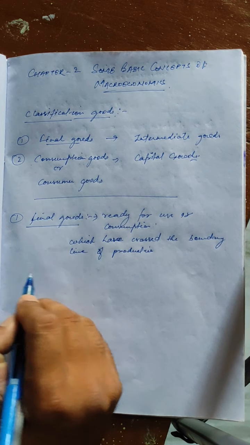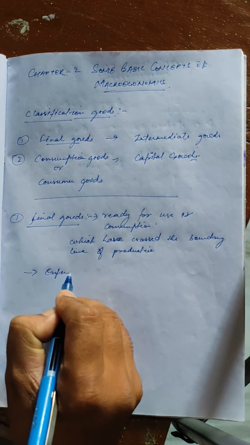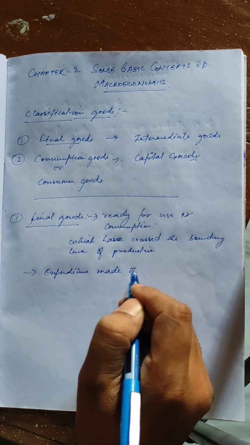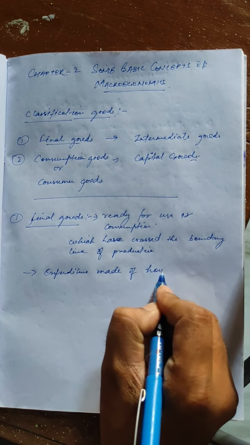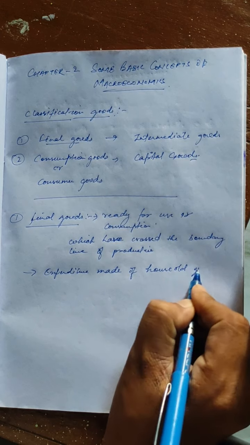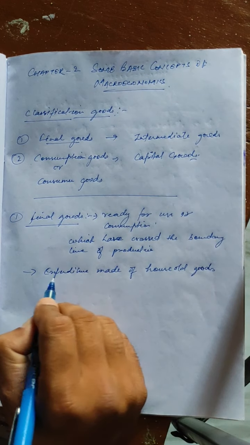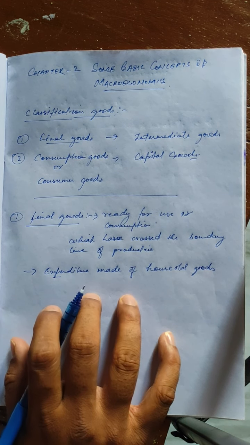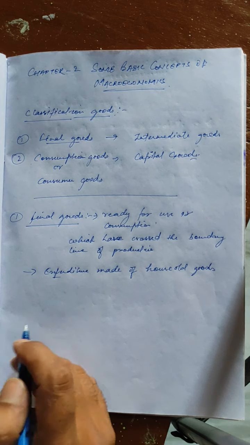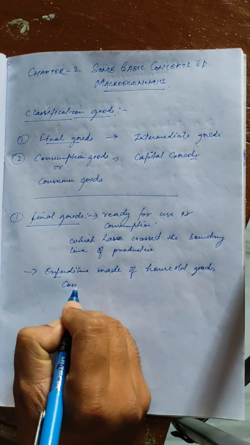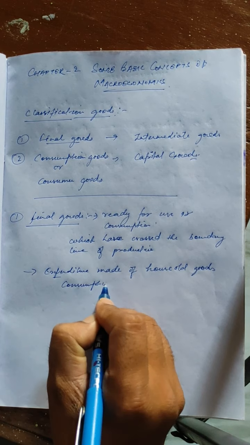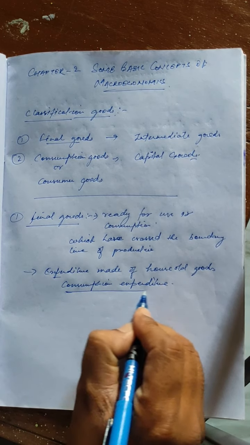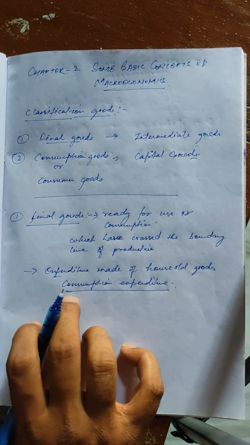Expenditure made on household goods, whatever goods you are using at your house, or consumer goods we can say, will always be known as consumption expenditure.